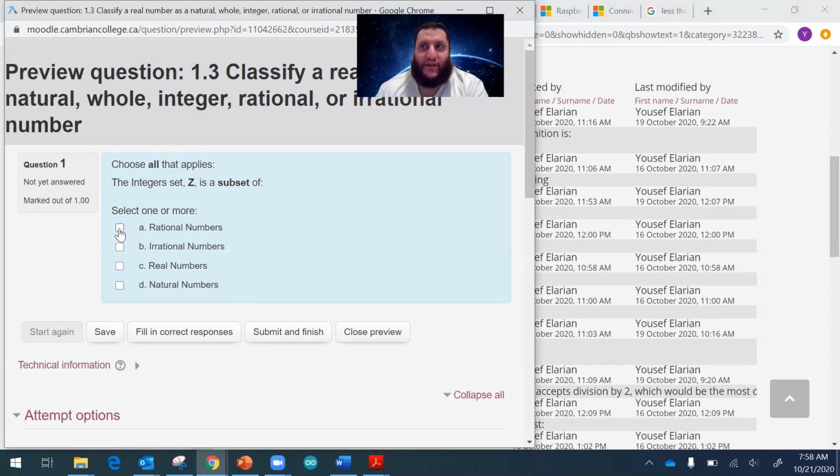Any integer can be m over n, just put it over 1, for example. Is it an irrational number? No. Is it a real number? Yes. The whole box of all of these numbers is called real numbers. Is it a subset of natural numbers? No. Natural numbers is a subset of integers.